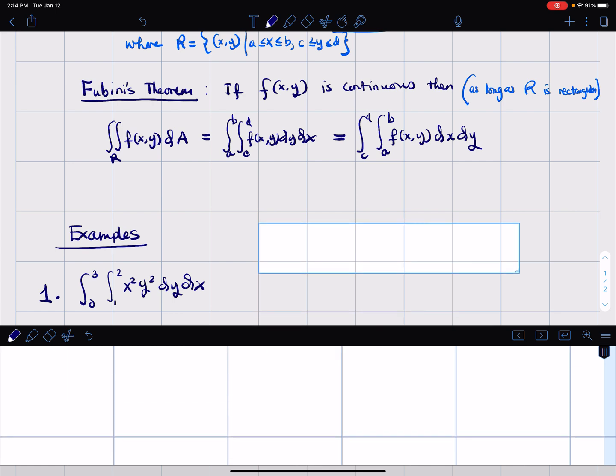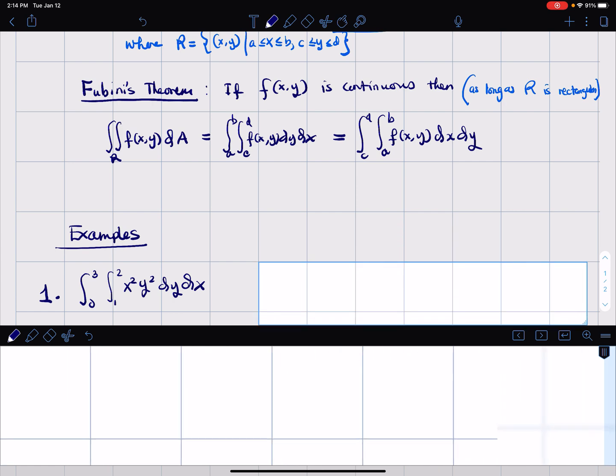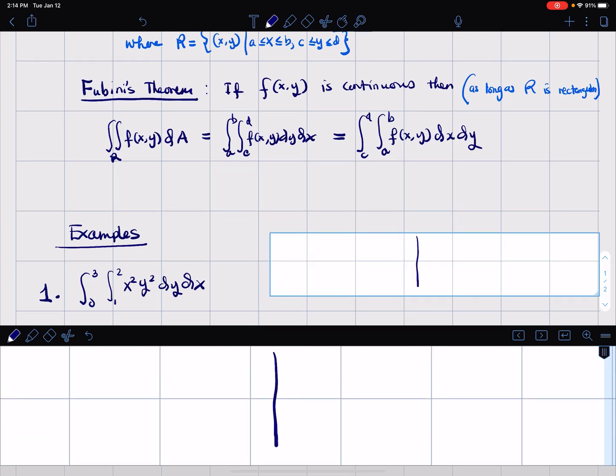Okay. All right, what is the region we're looking at? We're looking at a region like this. We're going from 1 to 2 on the y-axis, and then from 0 to 3 on the x-axis. So this is the region we're looking at. This is our region R.